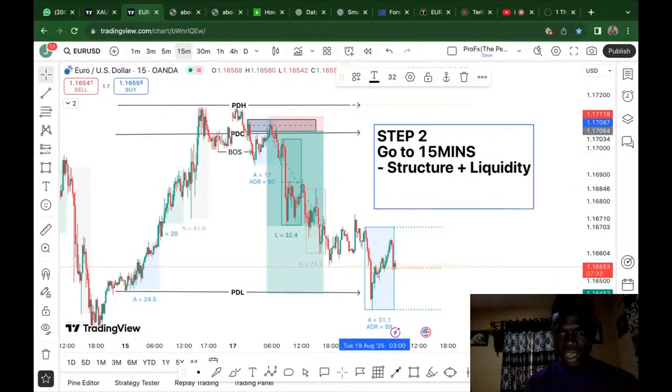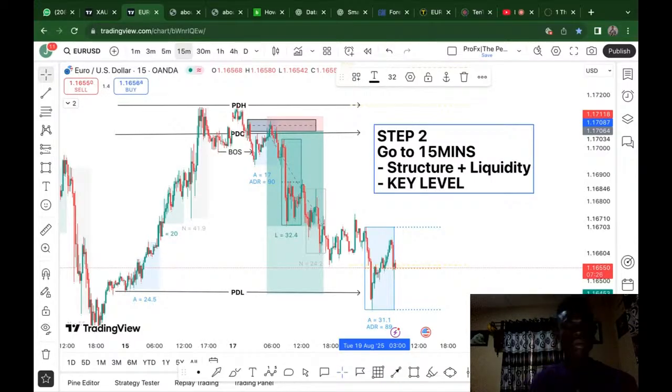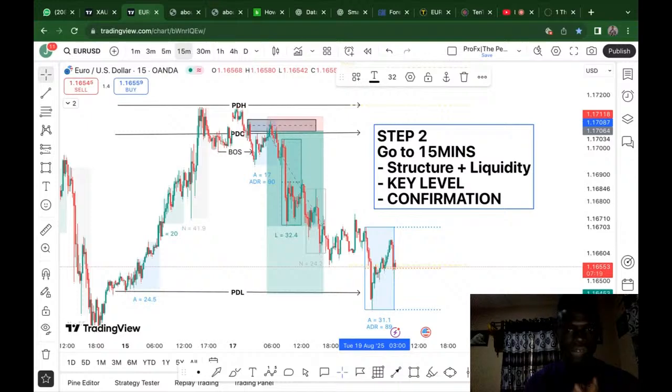We want to know our key level, which is location. A key level could be an order block or a fair value gap and all that. And we want to get our confirmation, our entry, all on 15 minutes. So on 15 minutes, we have structure plus liquidity, key levels, and confirmation.